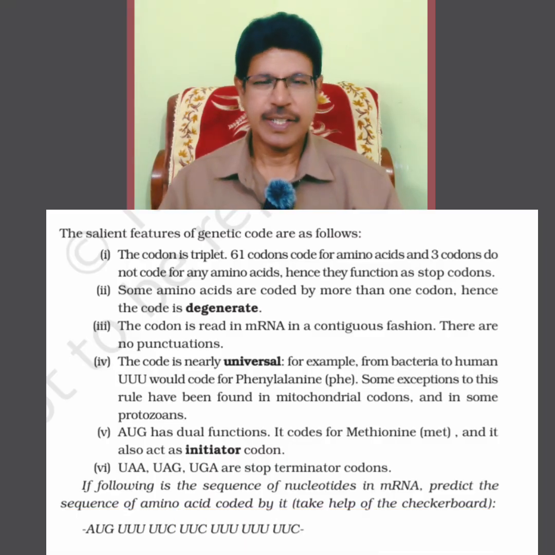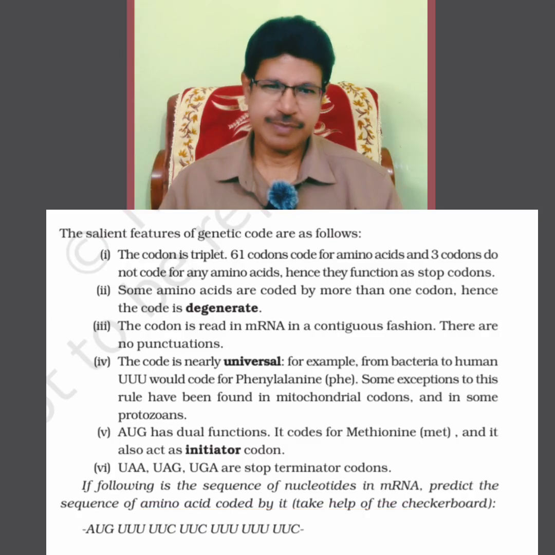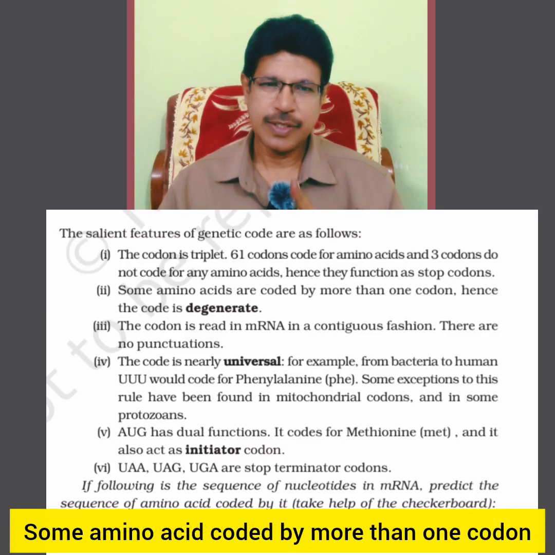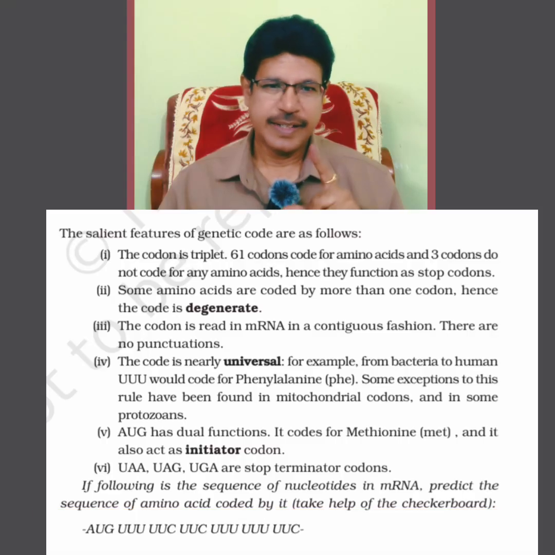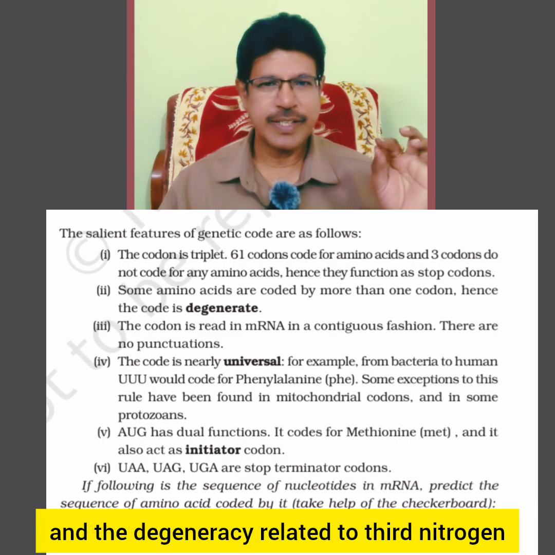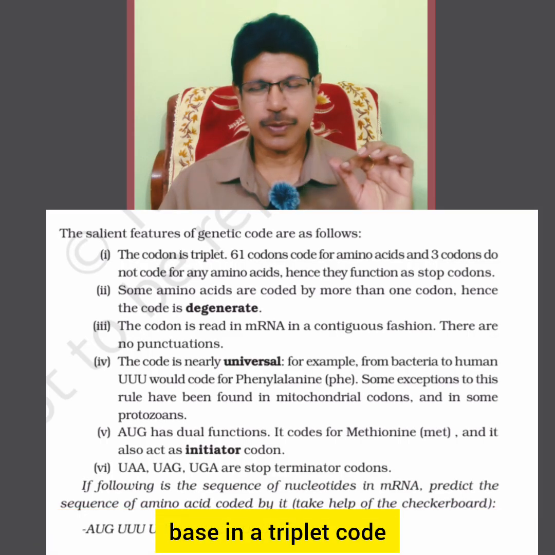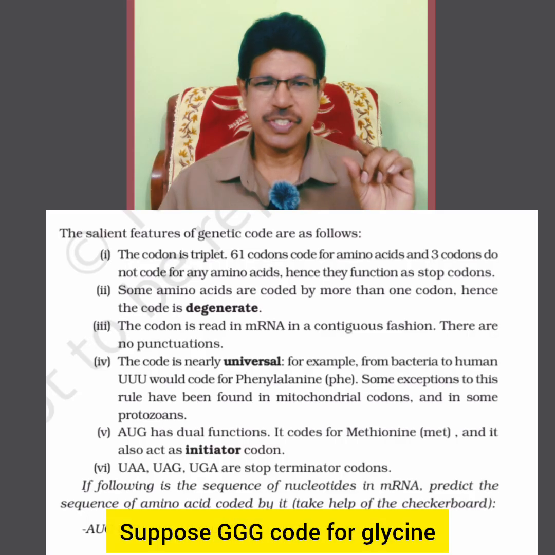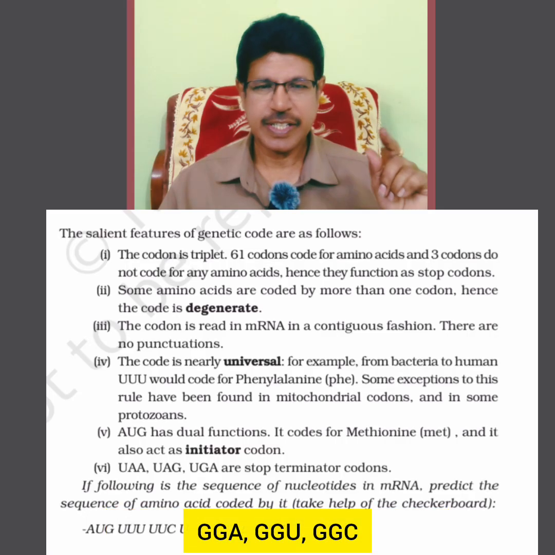Second property, the code is degenerate. Some amino acids are coded by more than one codon, and the degeneracy is related to the third nitrogen base in a triplet code. Suppose GGG codes for glycine, GGA, GGU, GGC.